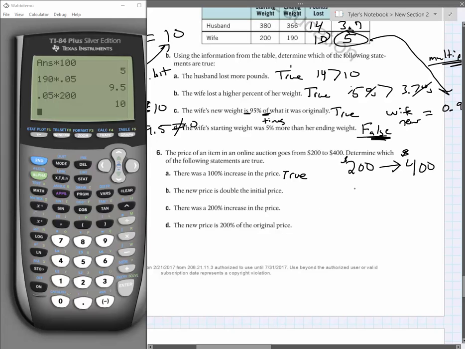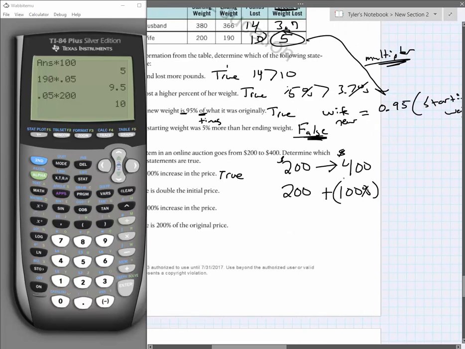So in other words, what it's saying is if I take 200 plus 100% times 200, does this equal 400? And it does, right? So this represents the 100% increase.